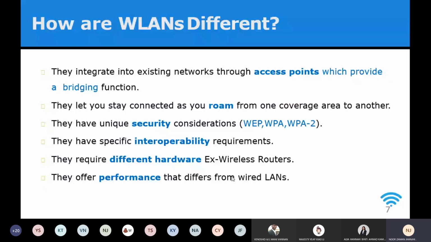Now we are using different security mechanisms. At the moment there are a few, and among them these three are very popular: WEP, WPA, WPA2. WEP stands for Wired Equivalent Privacy.